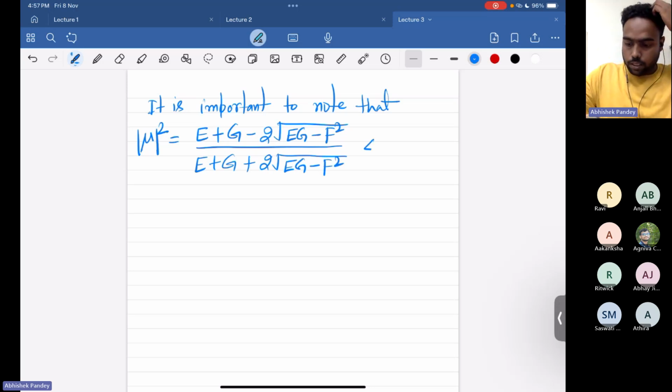So again, this is less than 1. So the modulus of mu is less than 1.